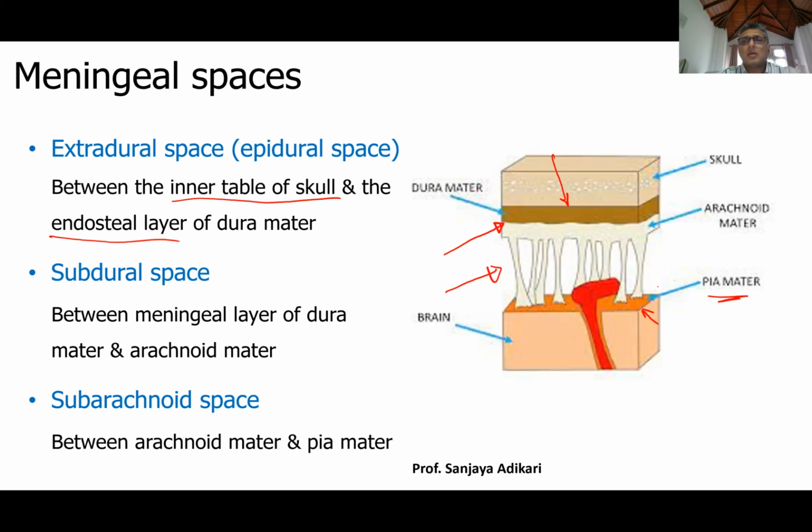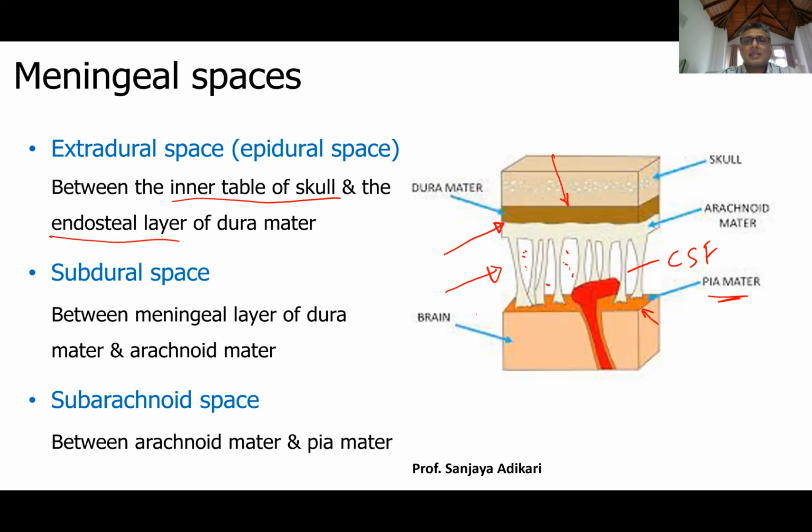Now, when it comes to the subarachnoid space, you can't call it a potential space because a visible space actually exists there, because you get blood vessels passing through that space, and this space is filled with cerebrospinal fluid. So it actually contains certain things.